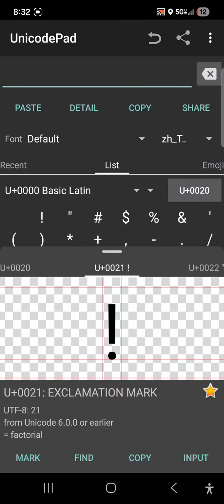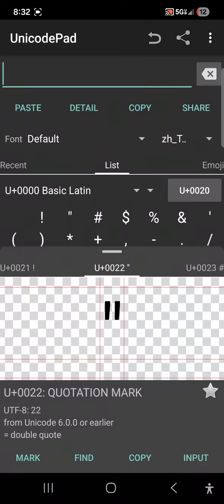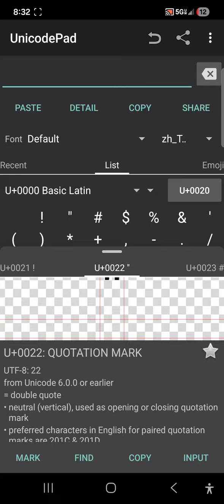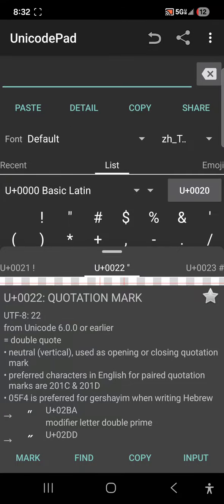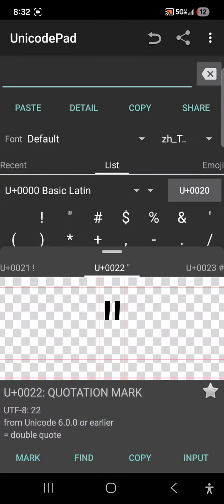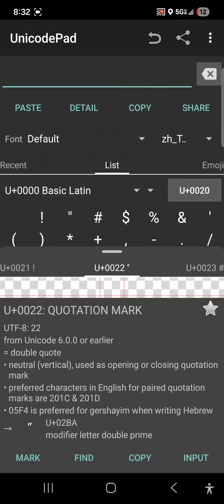This is the quotation mark, normally used in books to represent the character talking. It's also called double quote, even though it's the quotation mark itself.